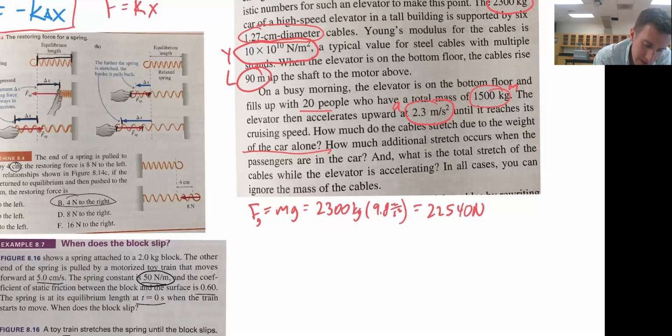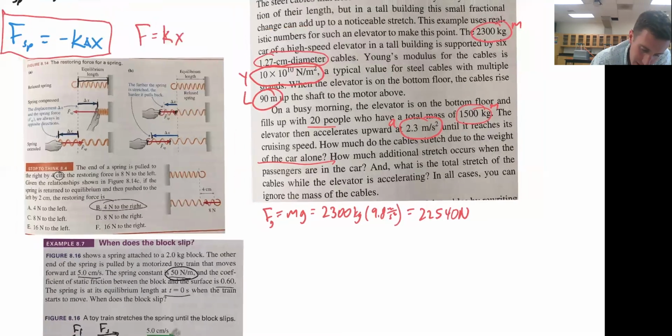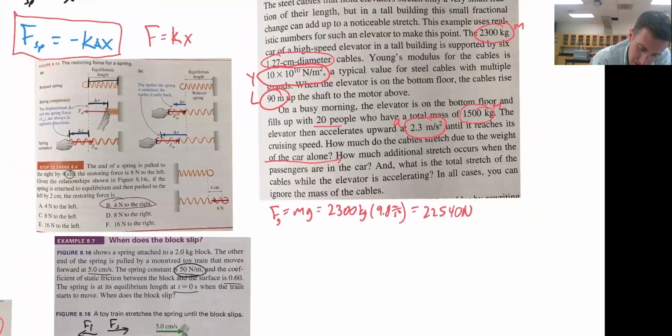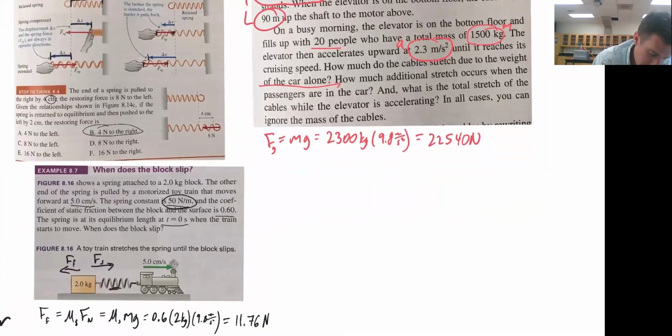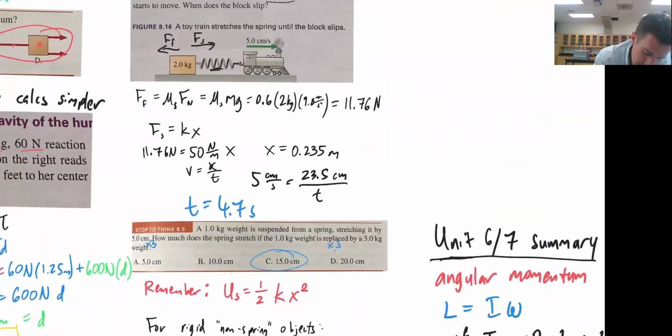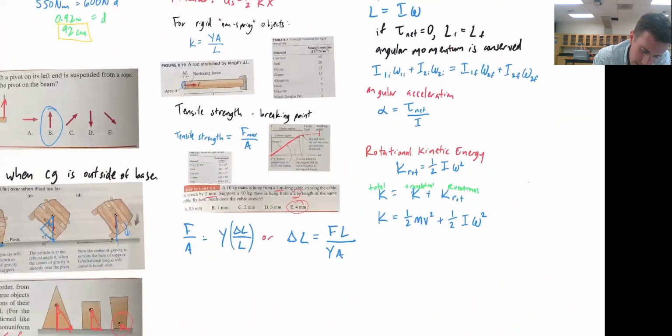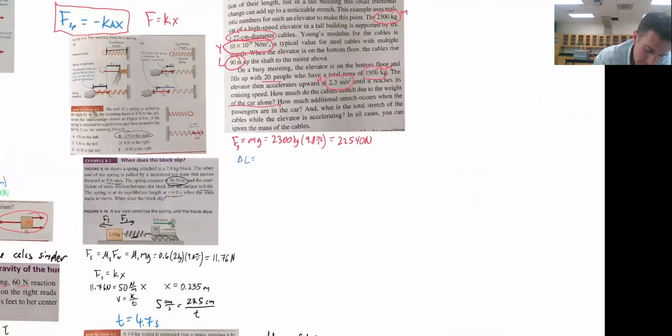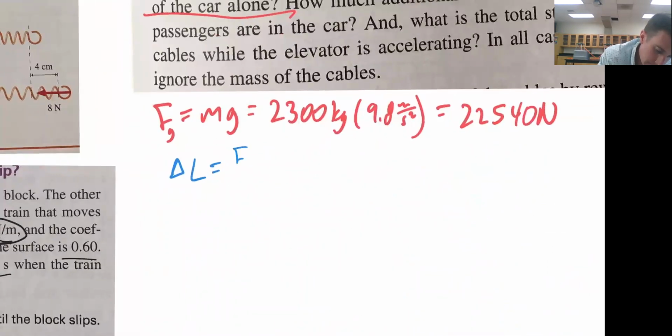Now I also need an area, because how much do the cables stretch? That would be the change of L, and I know that I have that equation, change of L equals FL over YA. So I've got my force right there.